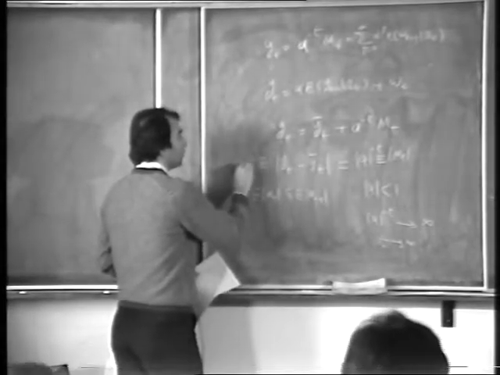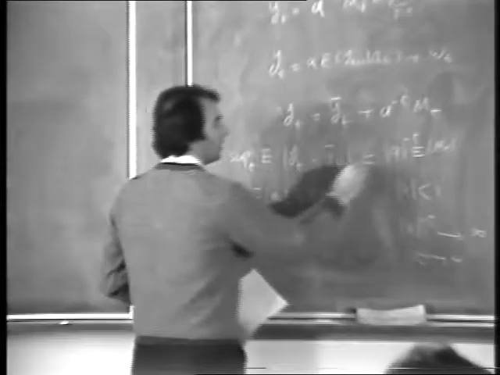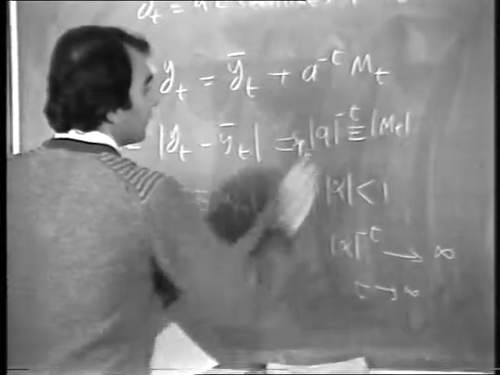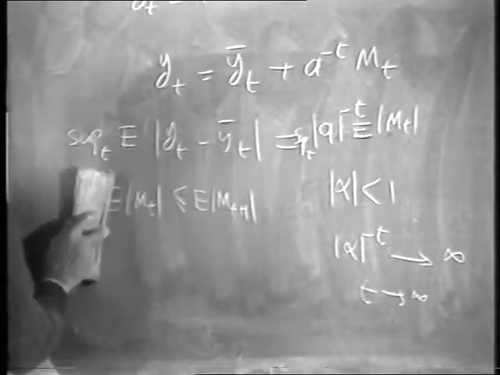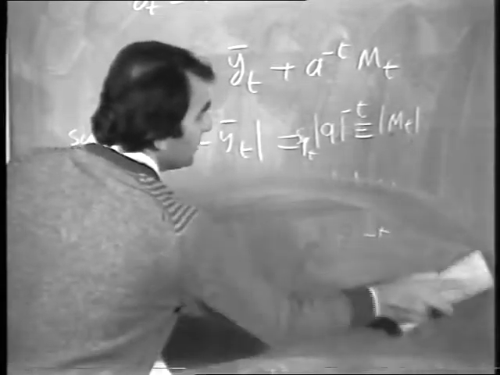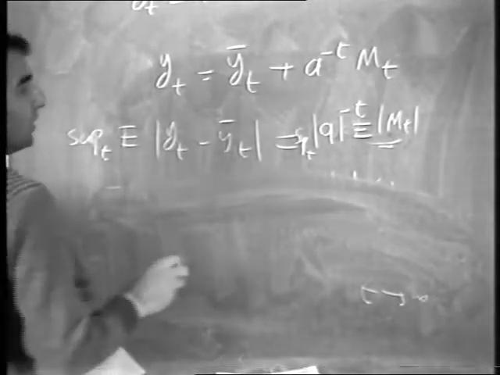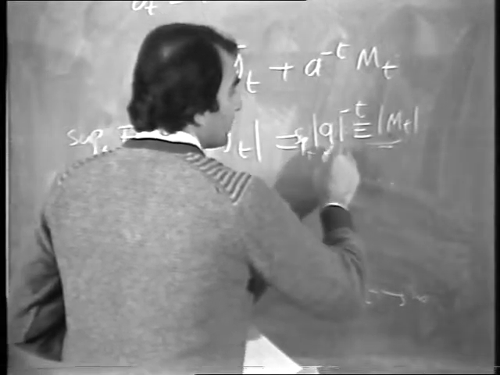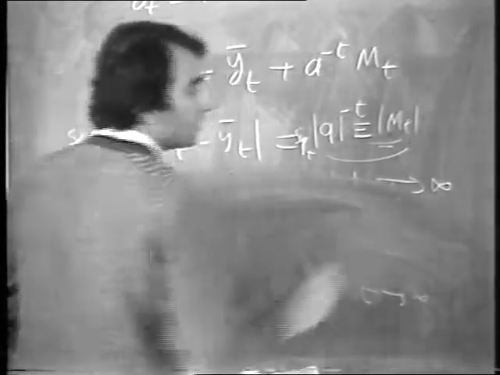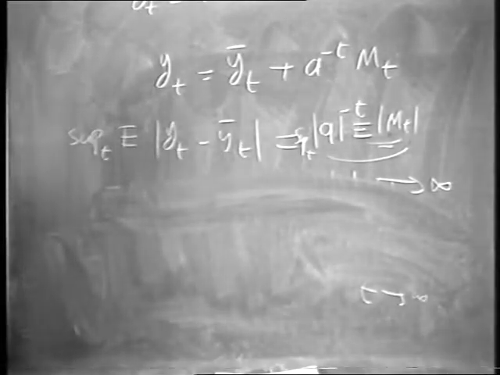Say the supremum of this for time t is equal to the supremum of this for time t. And then, since this martingale expectation goes to a finite number, this always explodes. It goes to infinity. This side always goes to infinity.